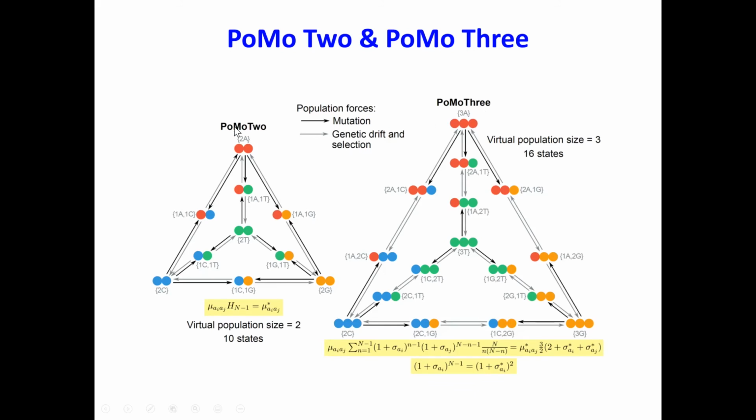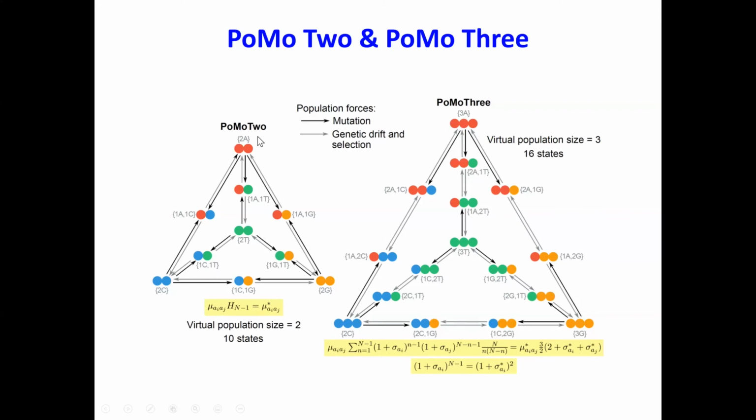The way we do this is we know the level of variation in our data, the heterozygosity, and we fix that. And this then allows us to scale between different virtual population sizes.